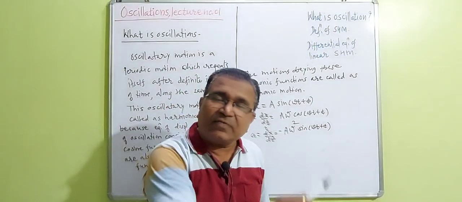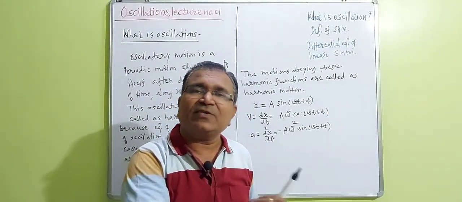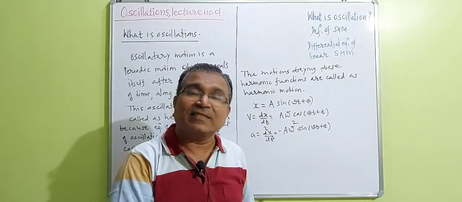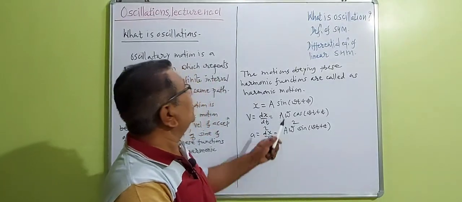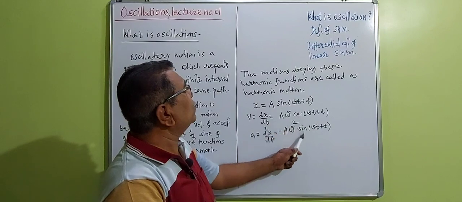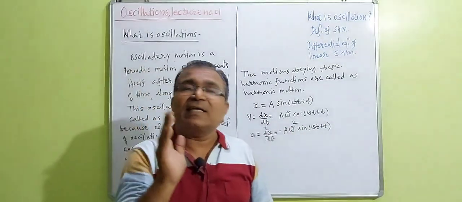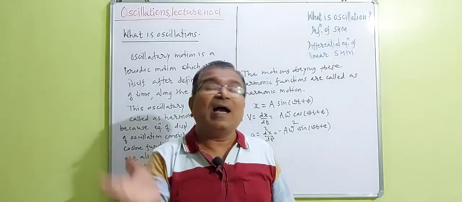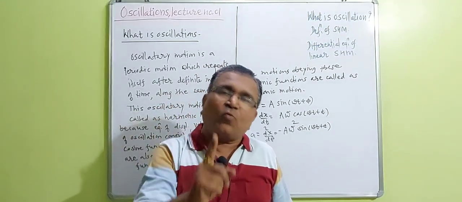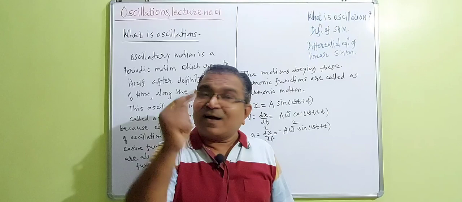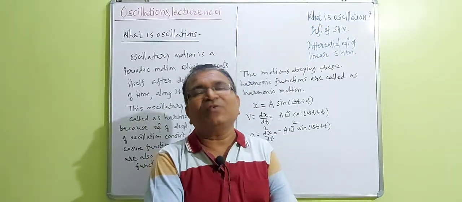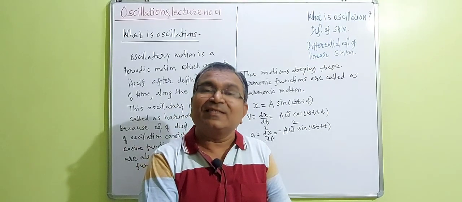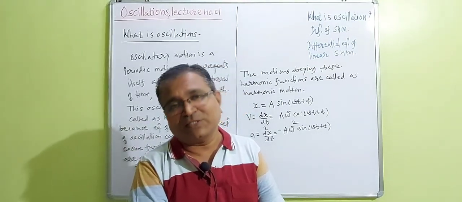So these equations of displacement, velocity and acceleration consist of sine as well as cosine functions. These sine and cosine functions are harmonic functions, and the motion obeying these harmonic functions, we call harmonic motion, or the best way to say it, simple harmonic motion.